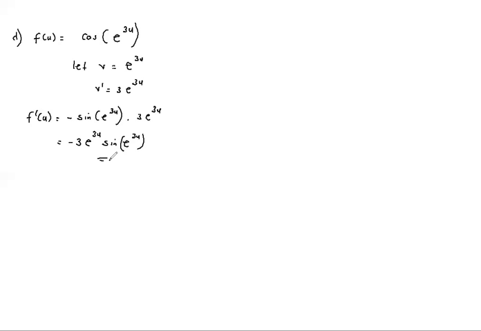Now let's do the interesting one, f. So f, we were dealing with f of x is equal to 2 to the power x squared multiplied by 5 to the power x minus 1. So this is product rule.